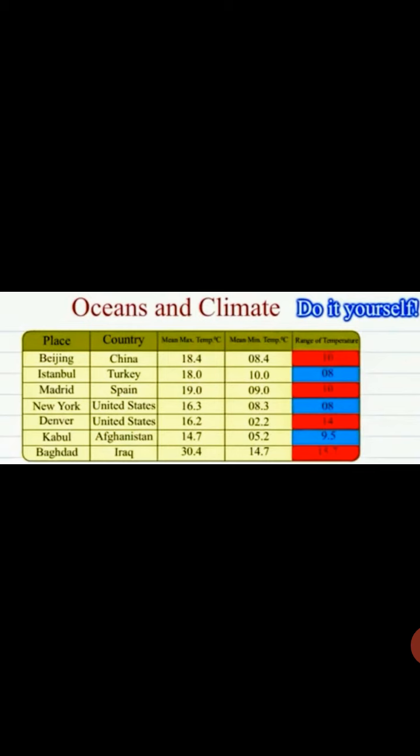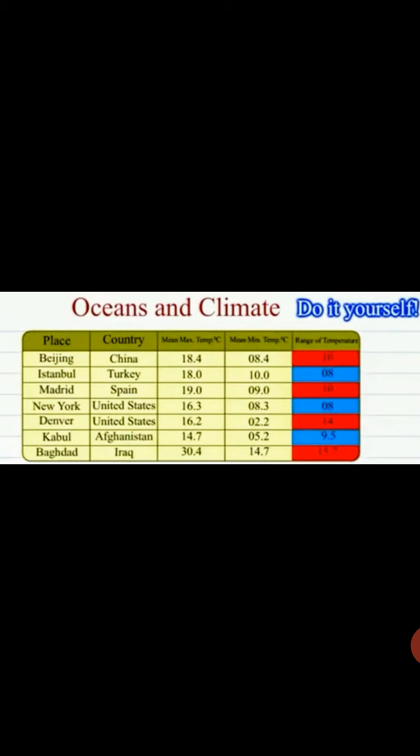Now next question, which places are far away from the ocean? Do those places have greater or smaller temperature ranges? Answer is the difference between the mean, maximum and minimum temperature of Istanbul and New York is 8 degrees Celsius.